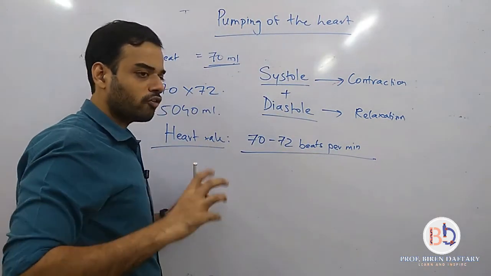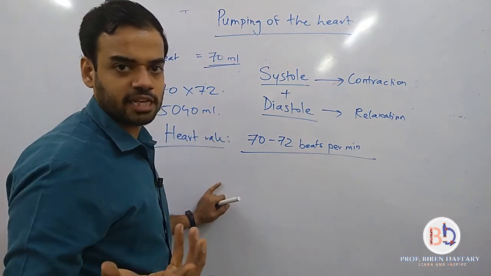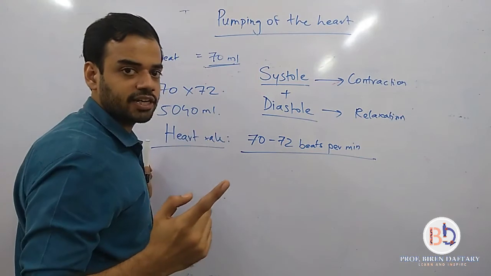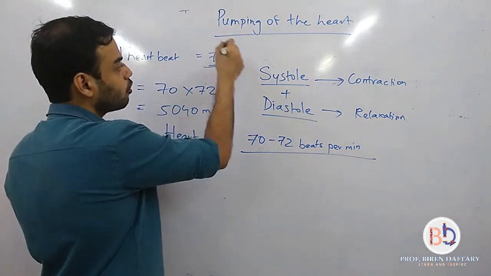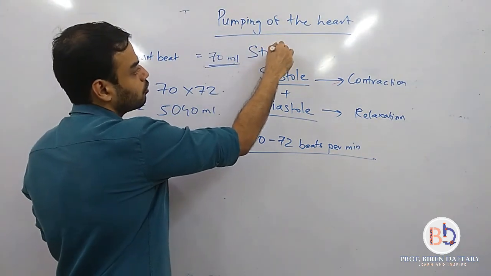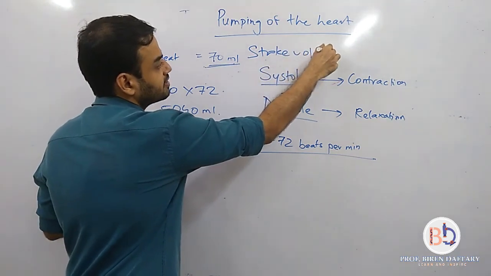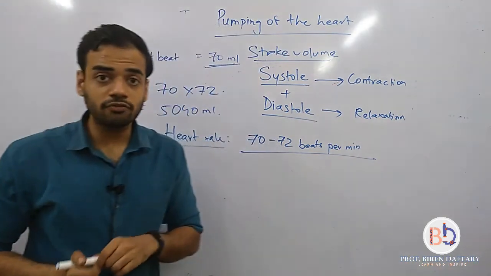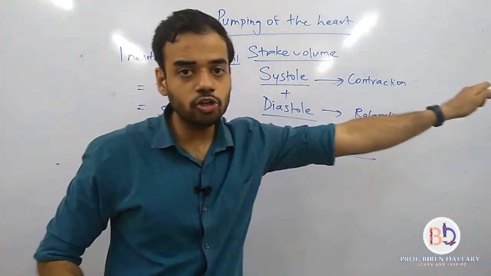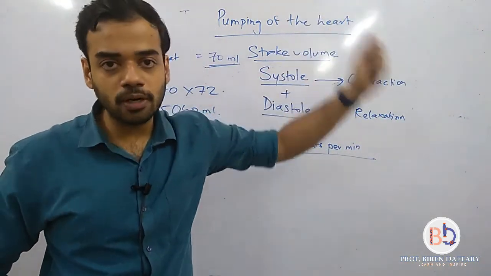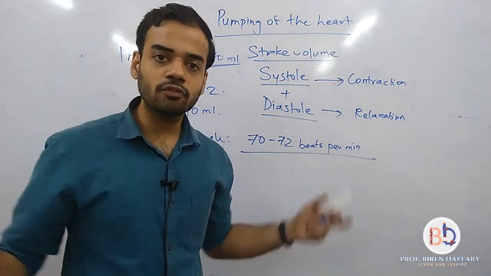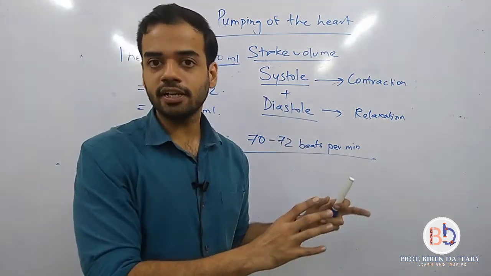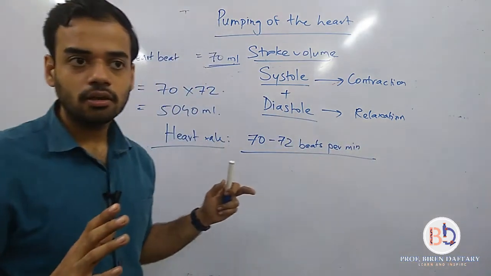So the volume of blood in both the ventricles will be the same only, and that volume is 70 ml, which is pumped from the left ventricle in 1 beat. This volume is called as stroke volume. Okay, so these terms can come for definitions. They can ask you to define stroke volume. Stroke volume is the total volume of blood pumped by either of the ventricles in one heartbeat. Normally we take the left ventricle into account, that is 70 ml.